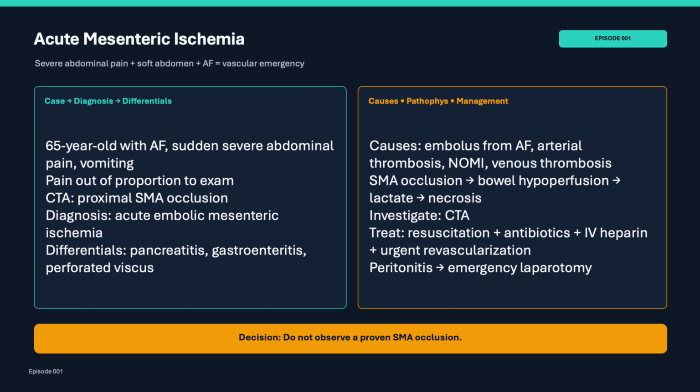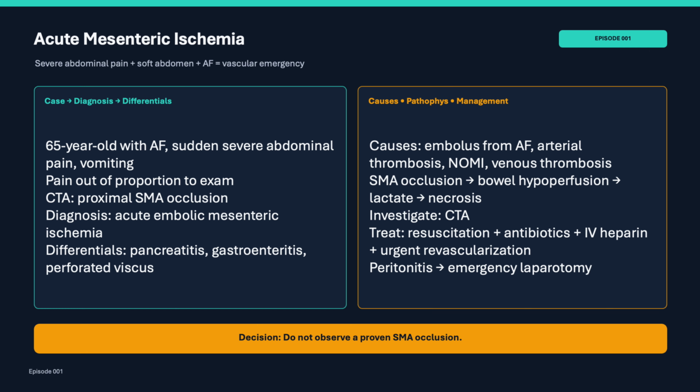Treatment starts with immediate resuscitation, bowel rest, broad spectrum antibiotics, and anticoagulation when appropriate. But anticoagulation alone does not reopen a critically occluded artery. A proven SMA occlusion requires urgent evaluation for endovascular or open revascularization.